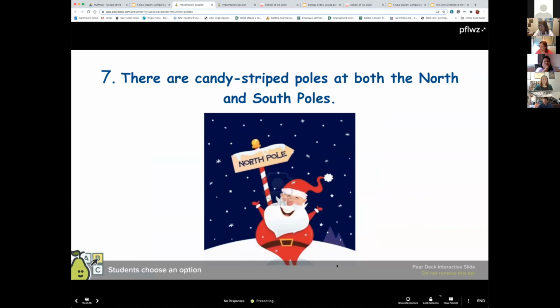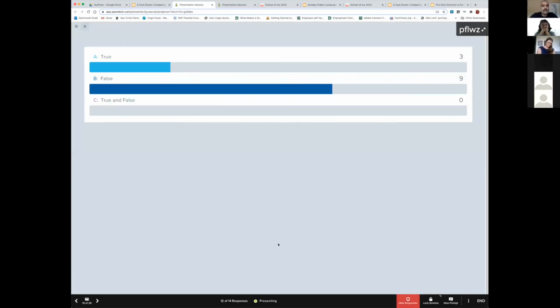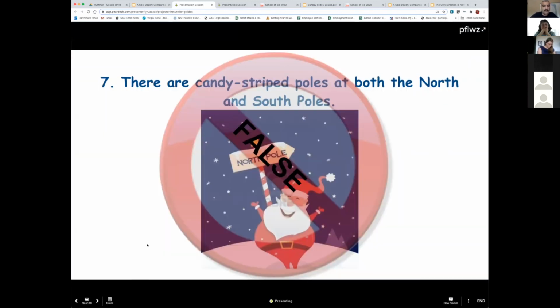Here's a good one. I like this one. There are candy striped poles at both the North and South Poles. So we have some truths, we have some falses, and the answer to that one is false, because there's not one at the North Pole, because that's on floating ice on the ocean.